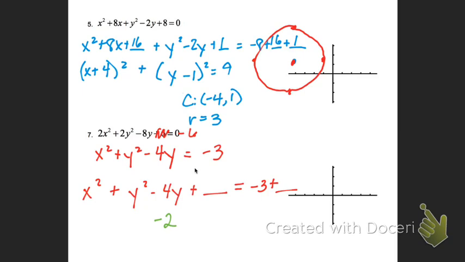So what goes in the blank? 4. My final equation is x squared plus (y minus 2) squared equals 1. My center is going to be at what? 0, 2. And then my radius is 1.